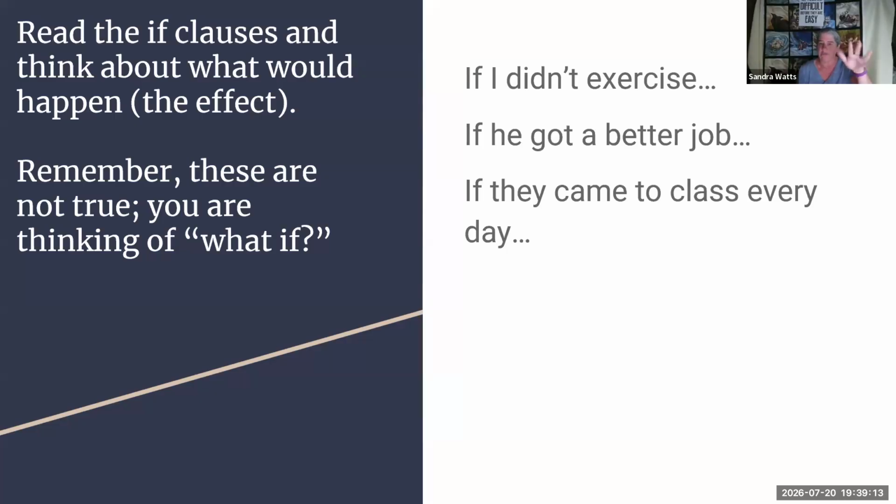Because could has that maybe, not sure thing. But since might, I just know we use might with the positive, not the not true. You know what I mean? Usually we use might with something that's true. I'm going to look it up. I don't want to tell you the wrong information. Good question. Hold on, I gotta write that down. Might in second conditional. Okay. I'm going to consult my grammar stuff.